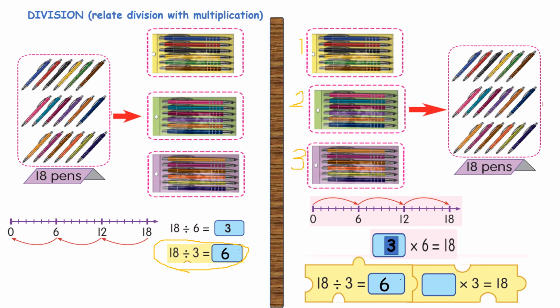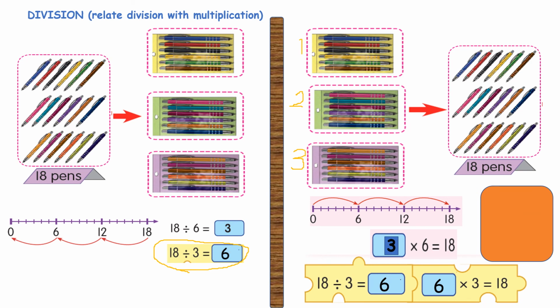Based on this number sentence of division, look at the answer here. It is 6, so the answer for the multiplication here is also 6. So 6 times 3 equals 18. Teacher hopes you can understand the relation between division and multiplication.